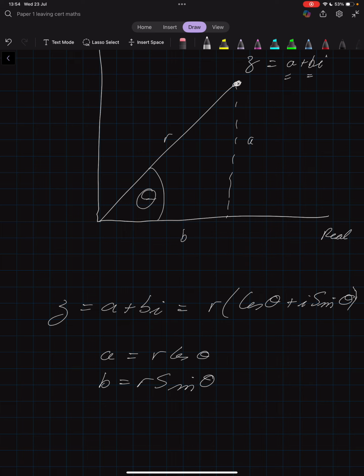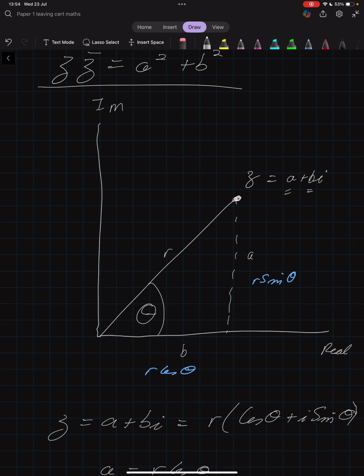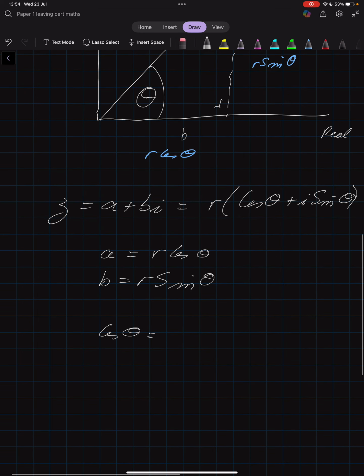Okay? So this part here is just r cos theta, and this is r sine theta. And just to confirm, you can say, okay, well, cos theta is equal to what? Cos of theta in this triangle is the adjacent over the hypotenuse, which is b over r.